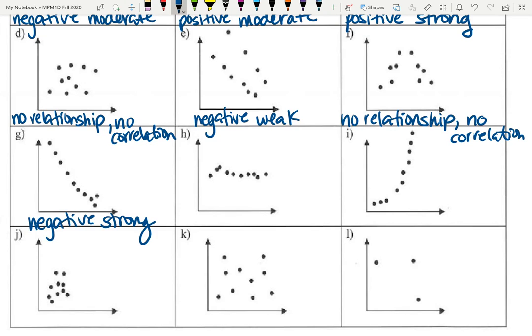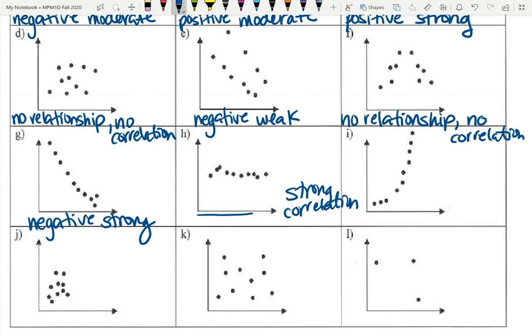Next one, this one's an interesting one. So this is definitely a strong correlation because these points pretty much create that straight line, but they're not moving in an upward direction or a downward direction. So there isn't really a relationship.